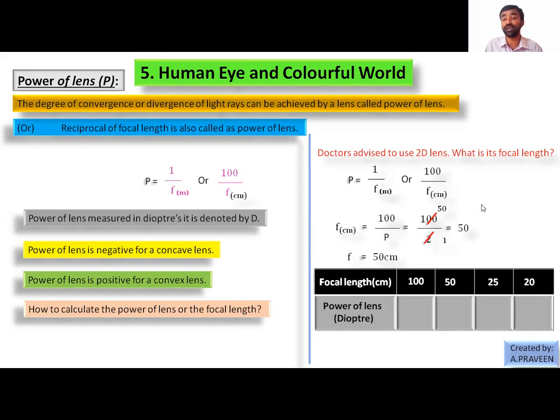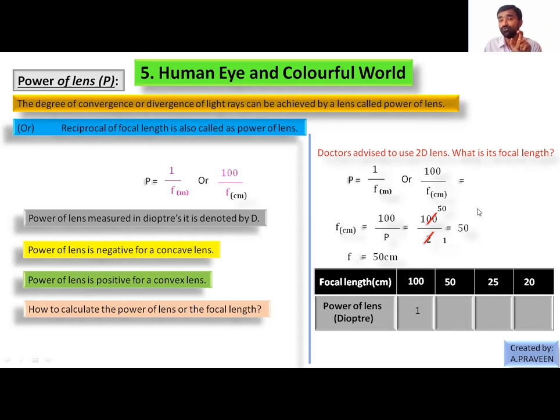What will be the power of the lens? I use the same formula, 100 by F in centimeters, so 100 by 100 cancels. What is left? I got 1. So the power of the lens is 1 diopter.